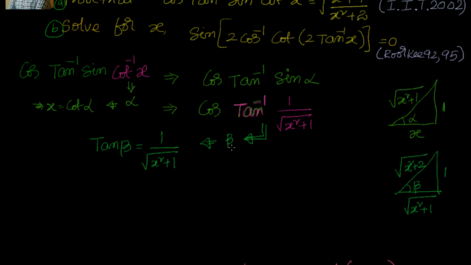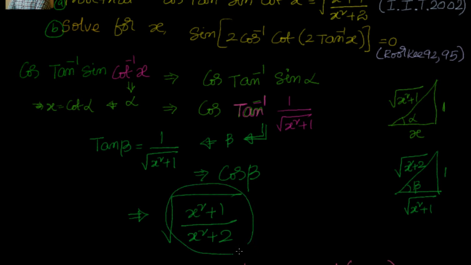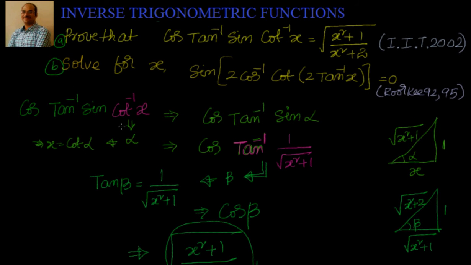I should find the square root. Now what is this becoming? This is becoming cos of beta. What is cos beta from the figure? Cos beta is adjacent by hypotenuse, that's equal to square root of x square plus 1 by x square plus 2. So what have we done? We have taken cot inverse x as alpha, so x equals cot alpha.